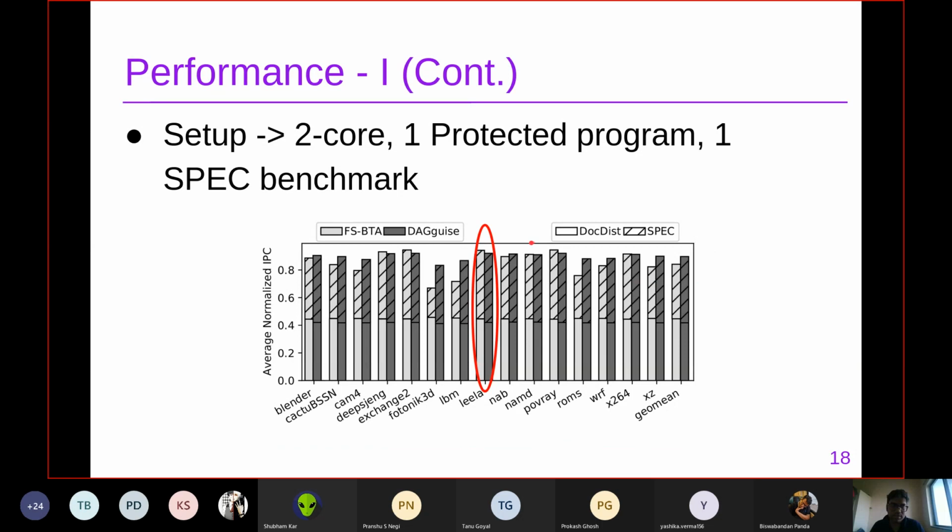However, in some cases, we can see that FS-BTA actually performs better. For benchmarks such as the Leela benchmark, the co-running processes do not account for that much bandwidth allocation, so they don't issue many memory requests.